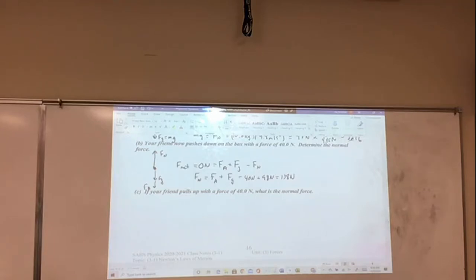Normal force, and then you pull up. What's the force due to gravity compared to the 40 newtons in the upward direction? Am I going to be accelerating in the upward direction if I pull upward on that box? You're just going to have a lower normal force.